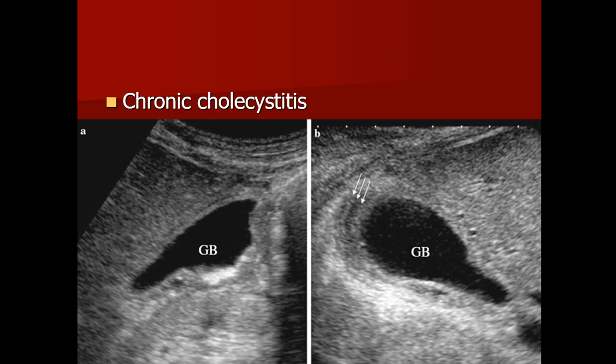Acute on chronic cholecystitis refers to acute infection that has occurred in chronic cholecystitis. Histologically, neutrophil invasion is observed in the gallbladder wall with chronic cholecystitis accompanying lymphocyte plasma cell infiltration and fibrosis.